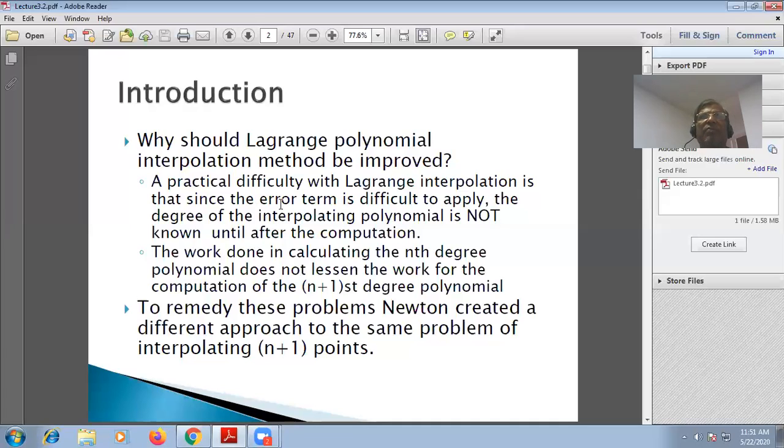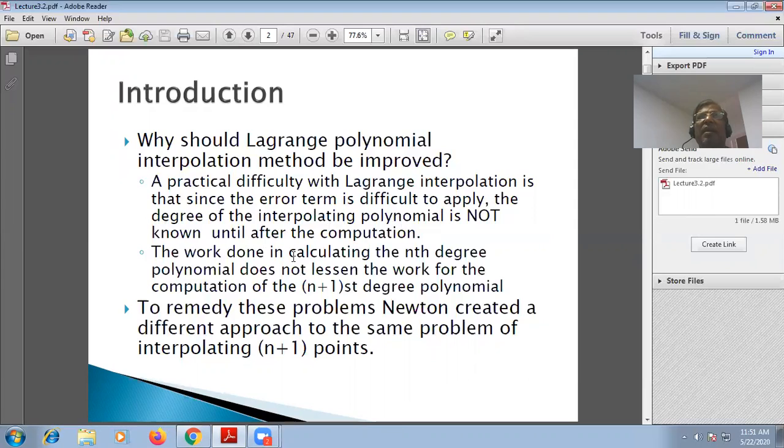You will find that the degree of the interpolation polynomial is not known until after the computation.